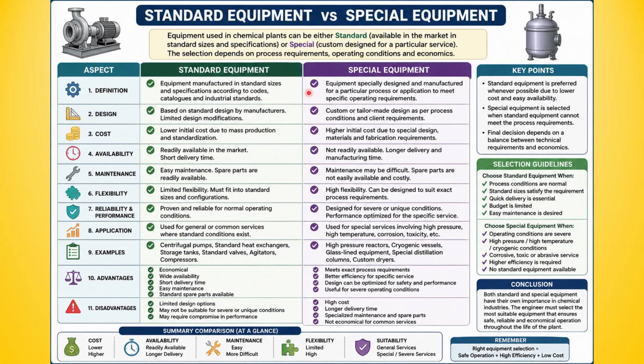Special equipment generally involves higher design and fabrication cost and longer delivery times. Okay, whenever possible, engineers prefer standard equipment because it reduces capital cost, simplifies maintenance, and minimizes procurement time. However, for critical and innovative processes, specially designed equipment becomes essential.